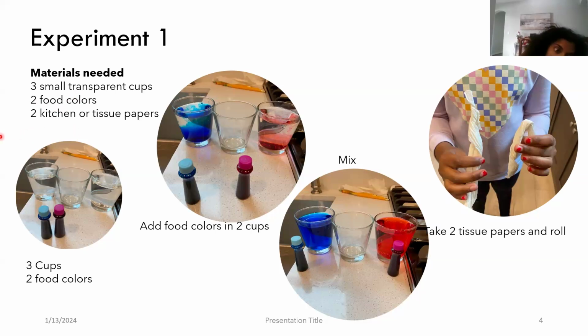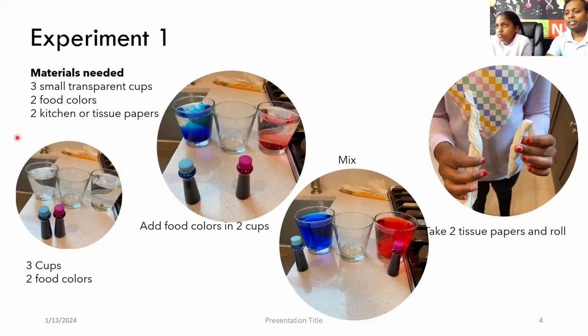We'll give a couple of minutes while we collect that. And then, let's talk about the second step of the experiment also. We are going to take three cups, and fill the first cup and the third cup with water, maybe three-quarters of the cup.